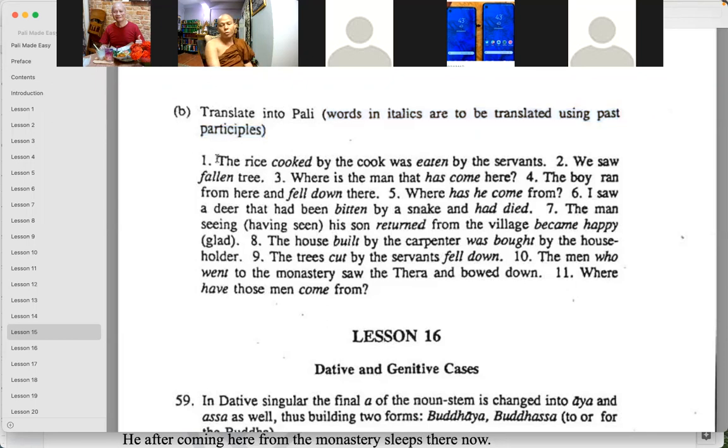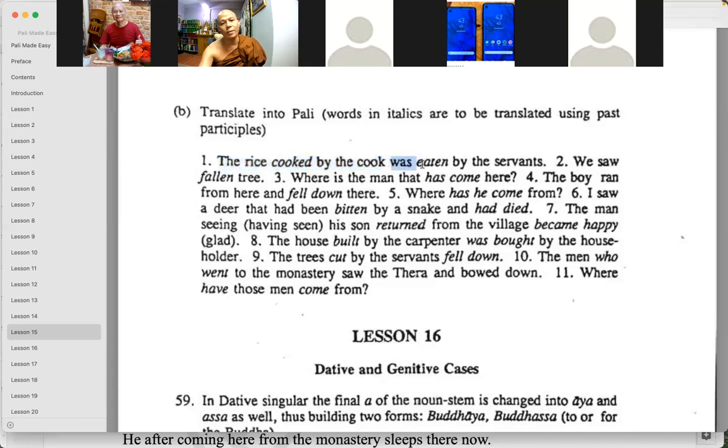To translate an English sentence into Pali, understanding phrase by phrase is important. Now the first one, number one: the rice cooked by the cook. That is one phrase, using the past participle adjective.